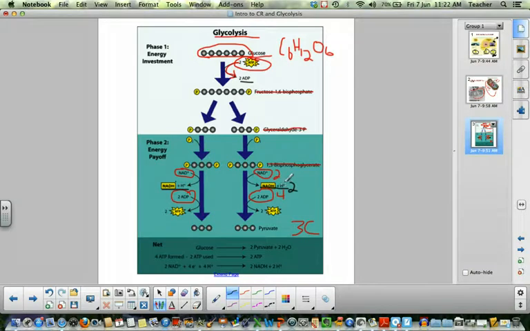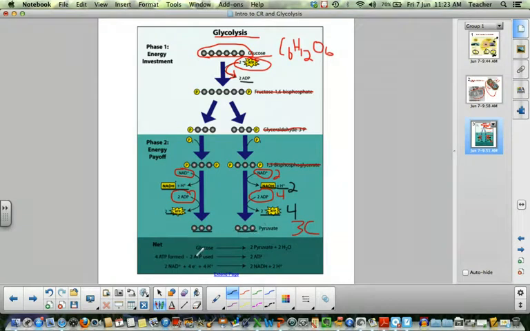So why is this H plus hanging out? Well, it's attracted to these electrons that the NAD just picked up, so they kind of follow them. Now down here, notice we've made 2 ATP on each side for a total of 4 ATP. And then finally, we make 2 pyruvates.